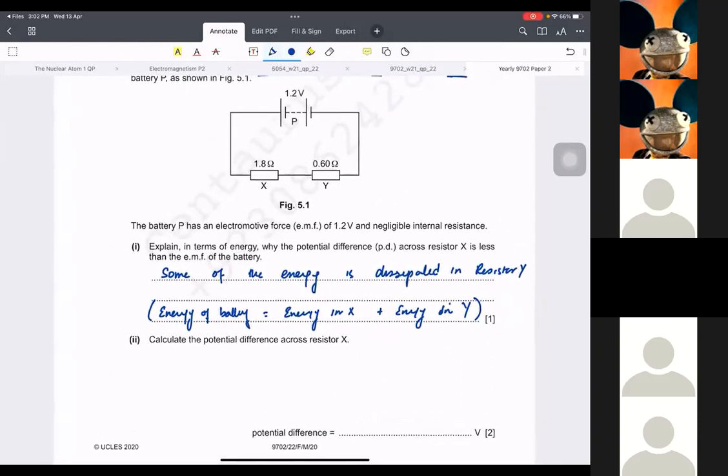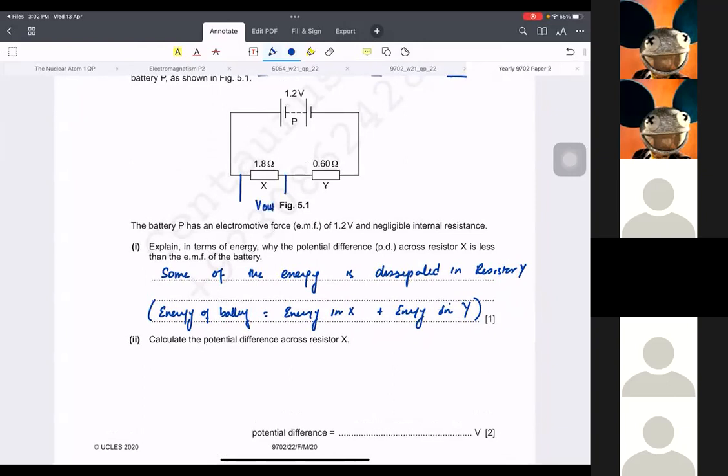So what you do, there are a couple of ways to do it. You can use a potential divider. You can also find current. I'm going to do both of them so that you guys know. So we want to find the voltage here.